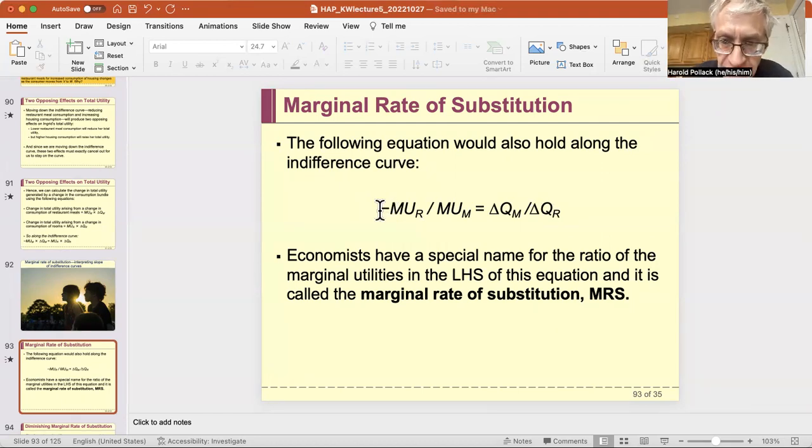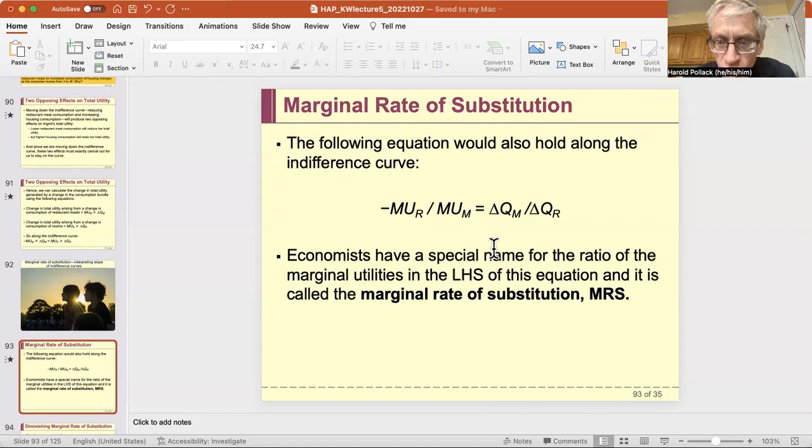And notice that over here we have the rooms in the denominator, and over here we have the rooms in the numerator, so we sort of flip these ratios. Now notice that it's the marginal utility of the rooms divided by the marginal utility of the meals. That slope, but we've reversed that slope.